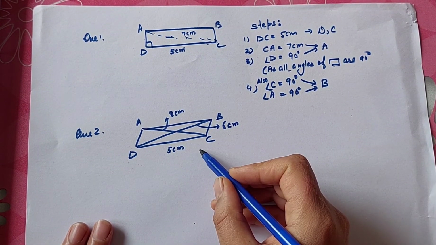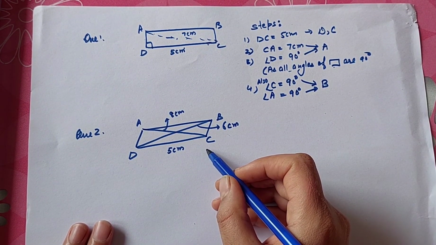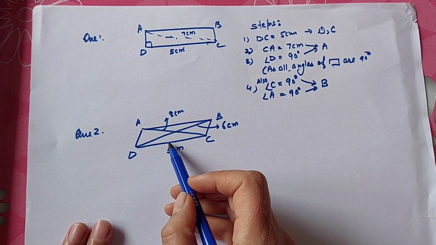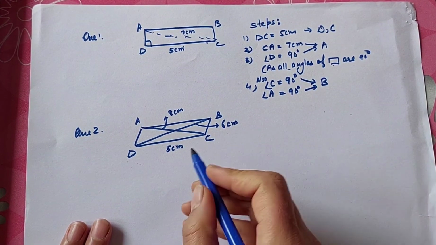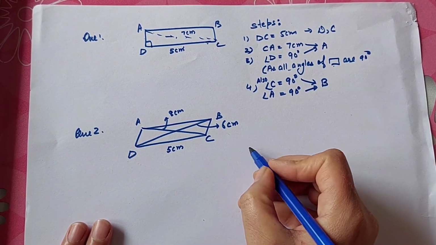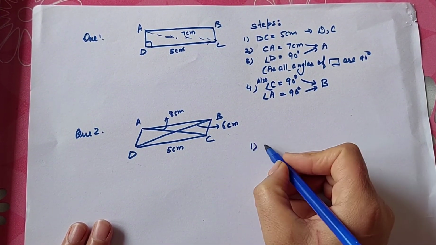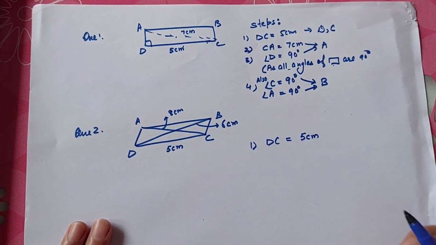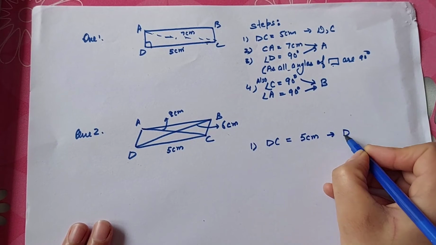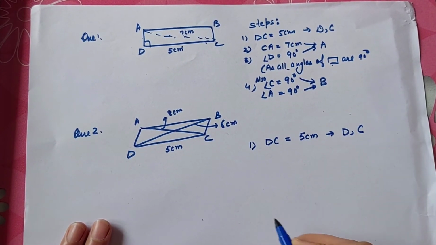So what can we make first here? We can draw DC equals 5 centimeter first, which will bring D and C into the scene.